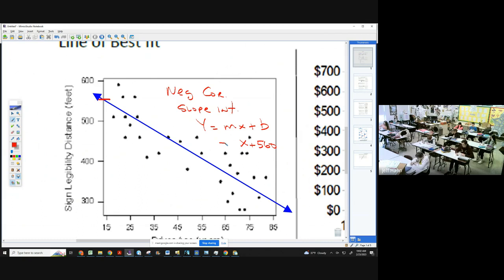How am I going to figure out the slope? Well, again, this gets a little ugly. If you could find a dot that somehow matched up with a couple different points. Let me see a dot on the line that would match up with anything. What if we did this?